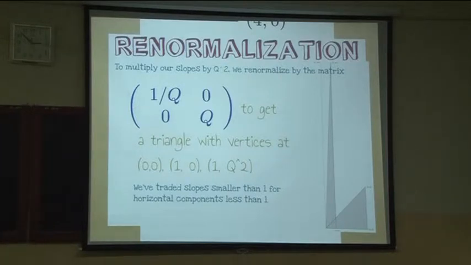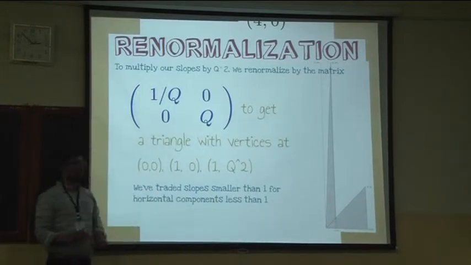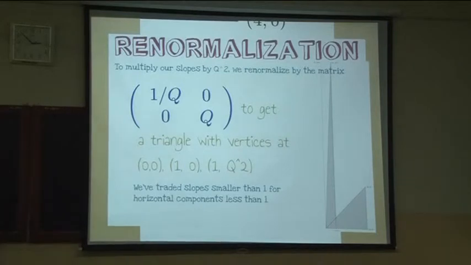And so we had our integer lattice, and now we've done a geodesic flow to our integer lattice. We've done this hyperbolic transformation, and we get this triangle now, a tall, thin triangle with vertices at 0, 0, 1, 0, and 1 comma q squared.